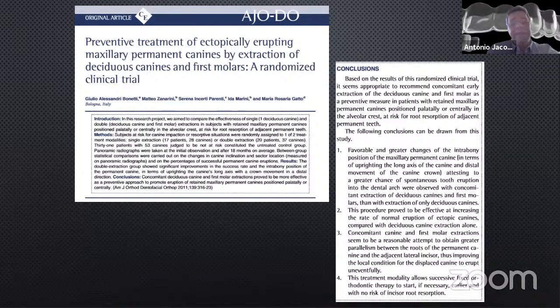We already know that extracting the primary canines to change the path of eruption of the permanent canines is a very interesting tool. But this group says that not only the canines, but also the deciduous first molars, extracted at the same moment, can be favorable for de-impacting these canines.